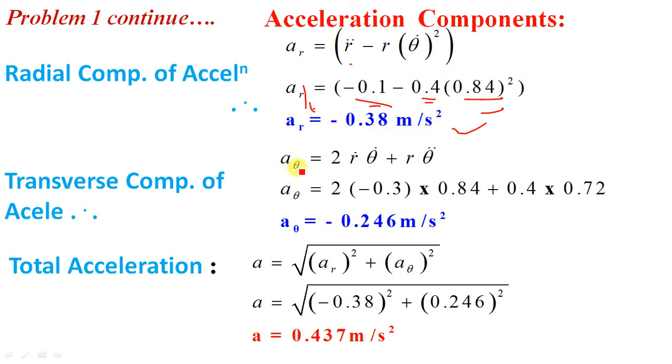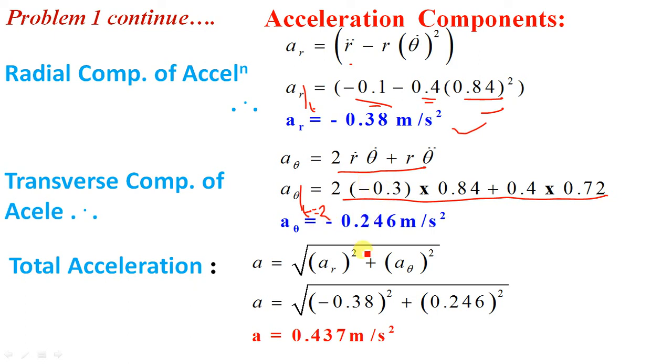Now to find out the A theta, the formula is twice R dot theta dot plus R theta double dot. Substituting the values for A theta at t is equal to 2, whatever values we have found out of R dot, theta dot, R and theta double dot at t is equal to 2, substitute over here from the previous slide.